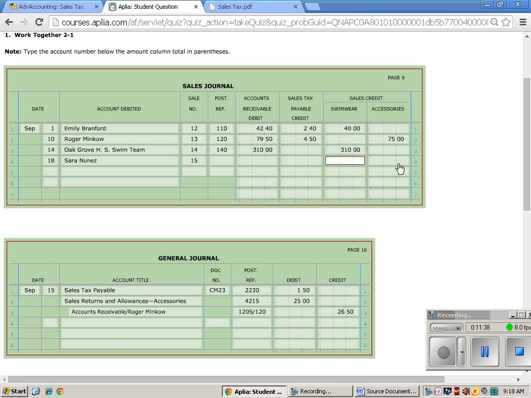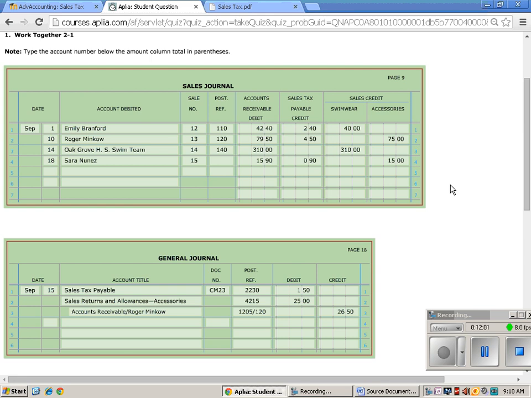So a beach towel is going to be an accessory of $15 plus sales tax. So we're going to do 15 times 0.06 because that's the county sales tax rate wherever these people are. She's going to give us 90 cents. So Sarah's going to owe us a total of $15.90.